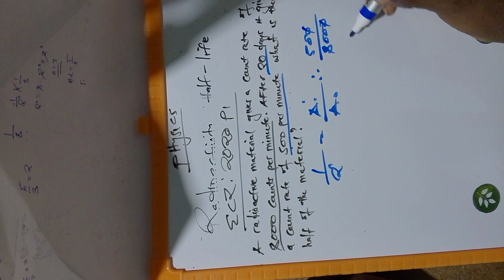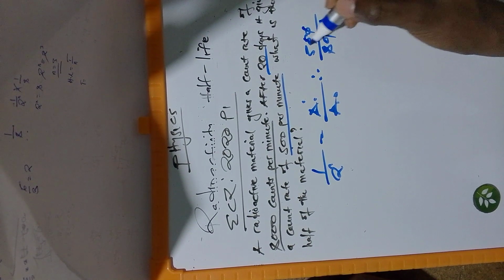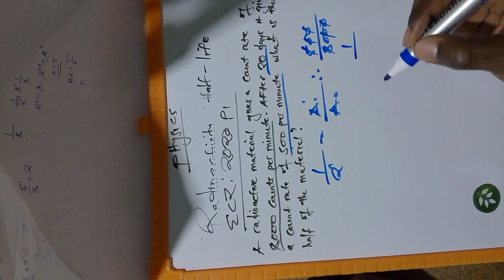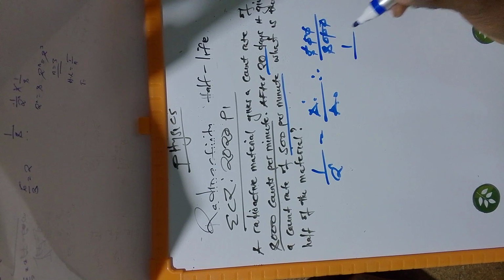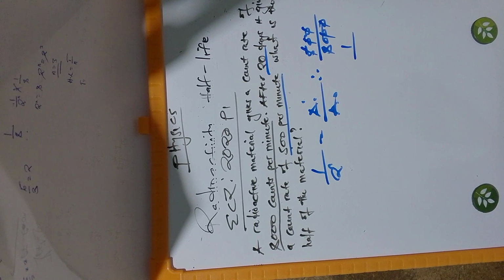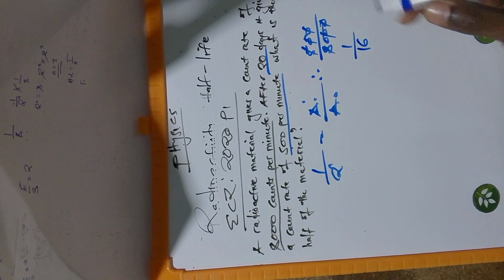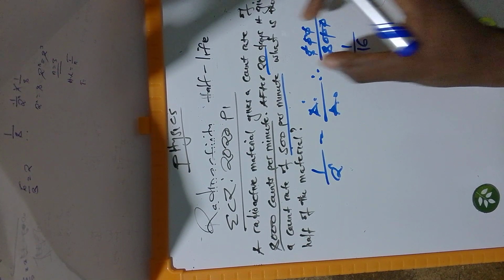So you can cancel. 5 into 5 will give us 1 over, then 5 into 8, what are we getting? This is physics, we can use a calculator. So it will give us 16. So this is the value we have calculated for the count rate.